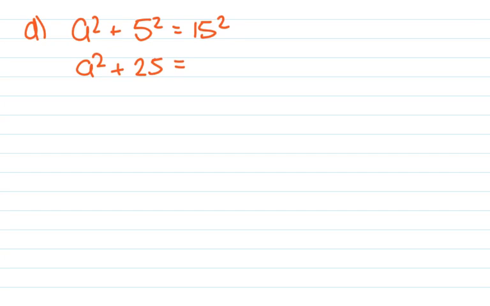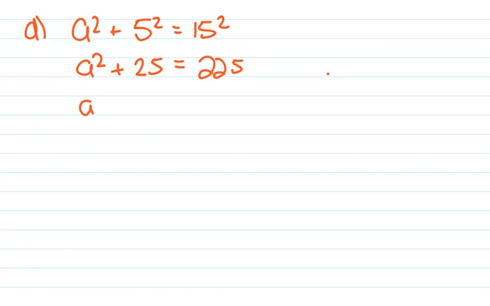D. A squared plus 5 squared equals 15 squared. A squared plus 5 squared is 25. 15 squared is 225.